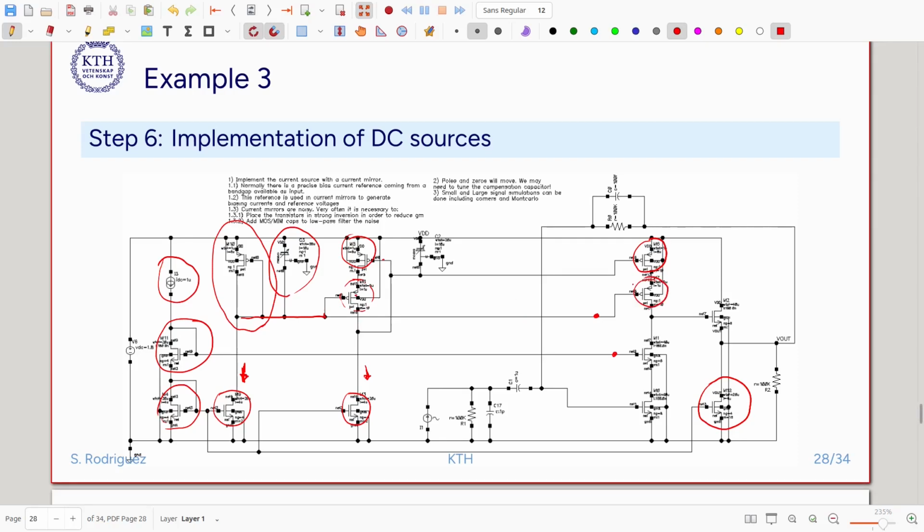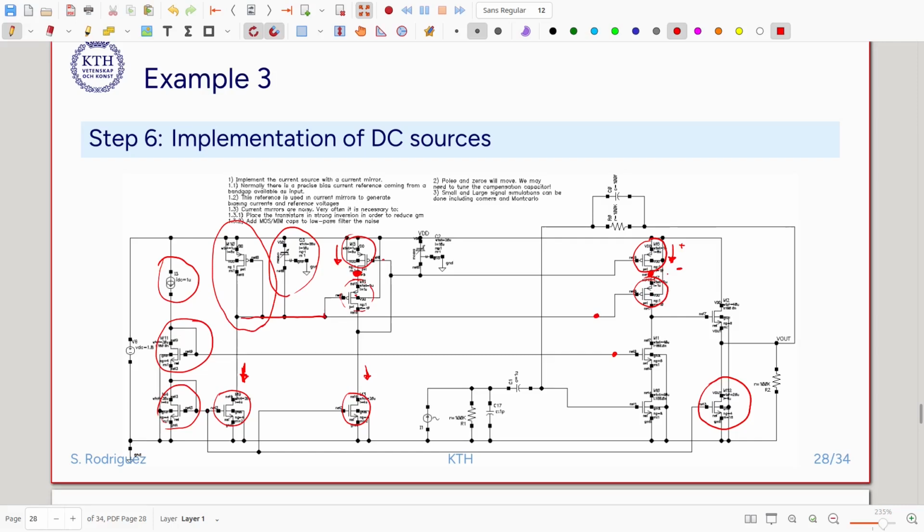And when the transistors are sized with the same ratio, the voltage in this node and the voltage in this node will be the same, and that means that the current here and the current here will be exactly the same. And then that will allow me to have much savings on the voltage drop that is here.